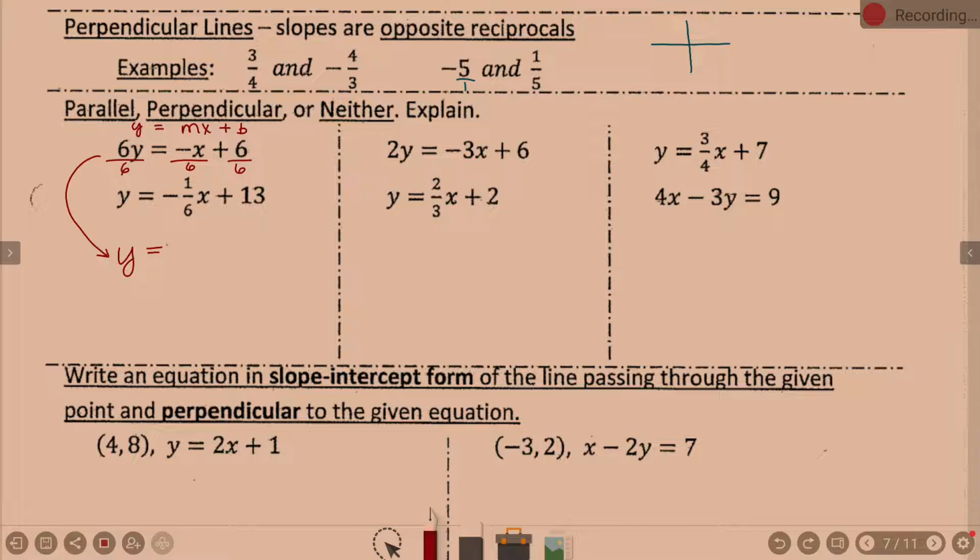What's the invisible number in front of x? There's an invisible 1 there. So if that's negative 1x divided by 6, we can think of that as negative 1 over 6 x. Plus 6 divided by 6 is 1.